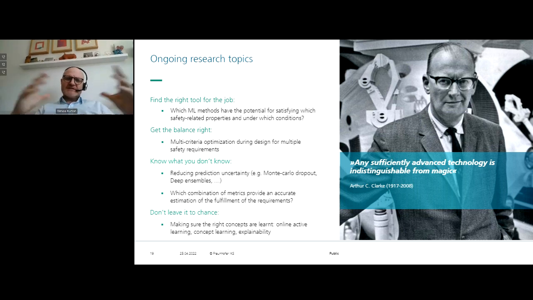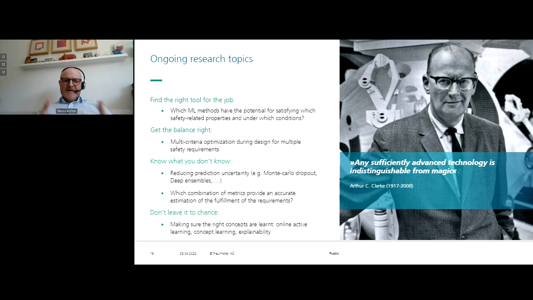How do we reduce the uncertainty in these functions? How do we make sure that we're not going to be surprised by random errors that a human would never make? And how do we know for what type of inputs the system is more likely to make those types of mistakes?